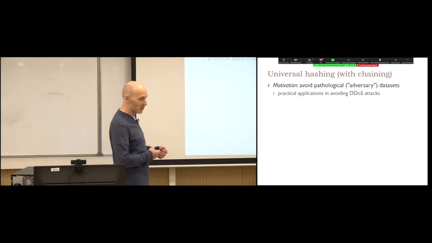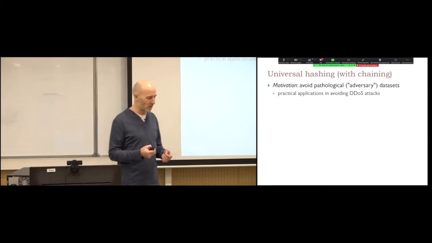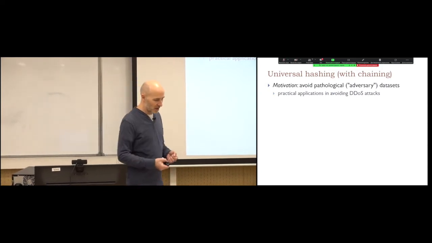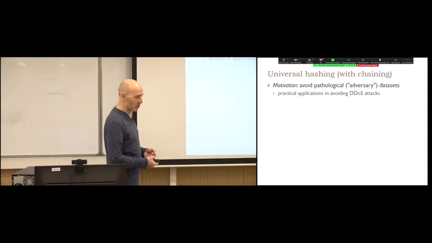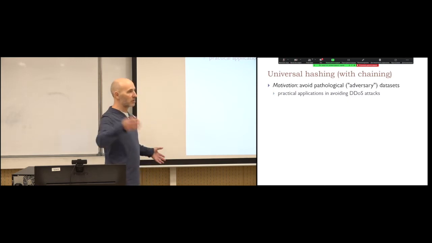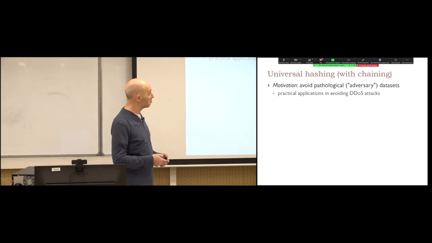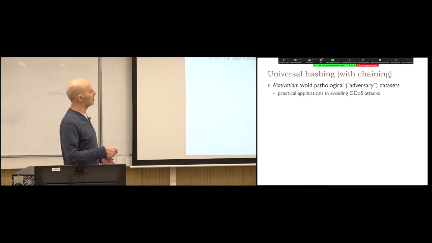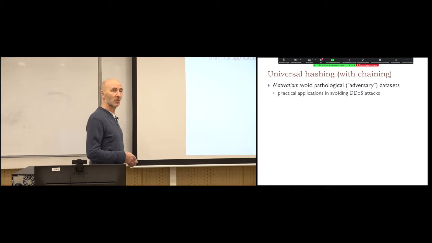If he wants to harm your program, he can supply objects that all go to the same bucket, and this will blow up your implementation. This can represent a sort of attack.